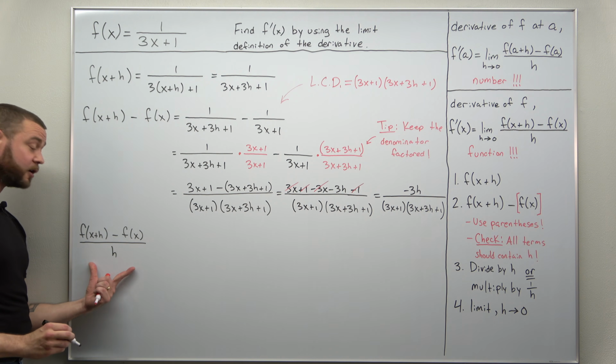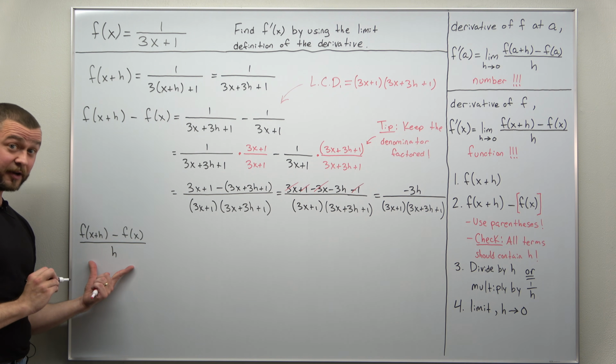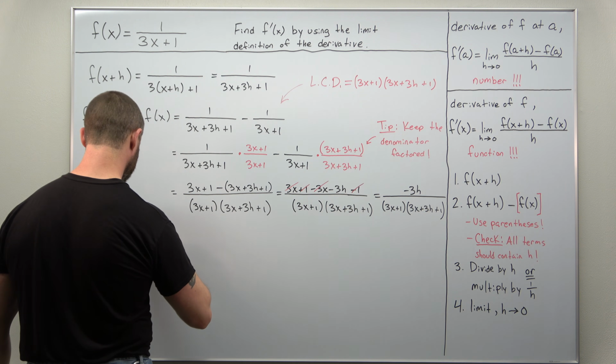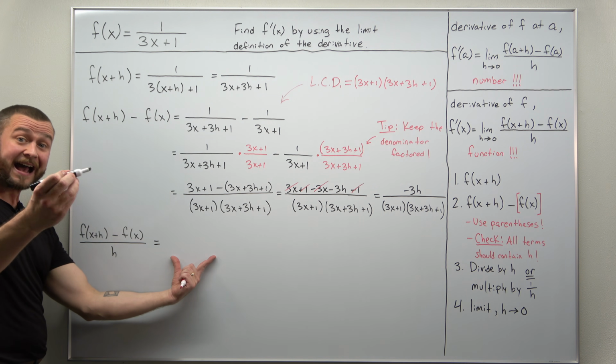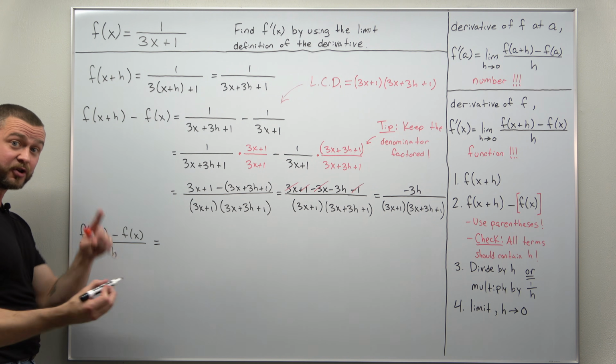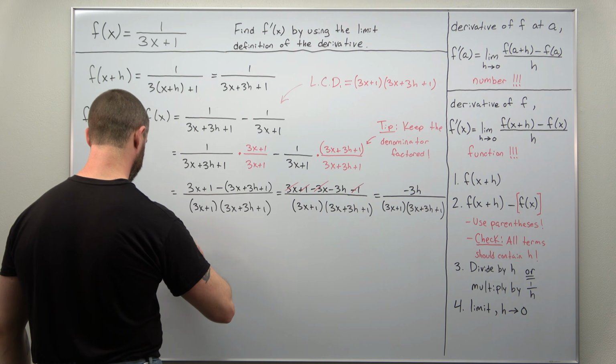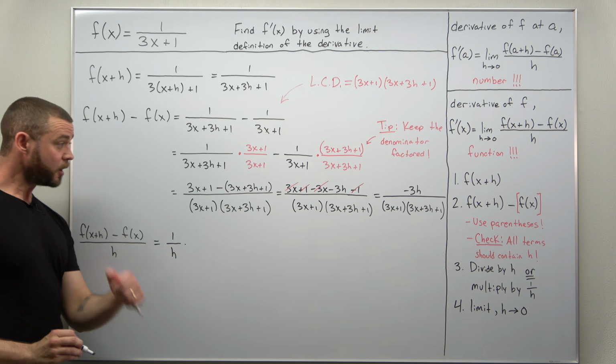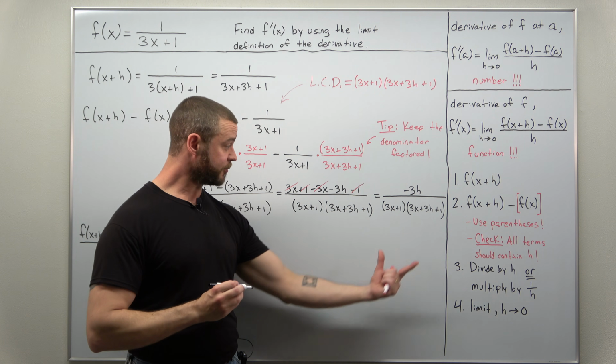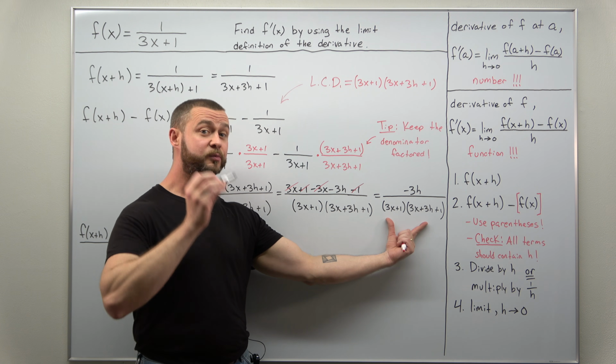What we're calculating here, this is called the difference quotient. But when we actually now calculate that, instead of dividing by h, we're going to multiply by the reciprocal. All right, and we multiply by 1 over h, the end result here from step 2.